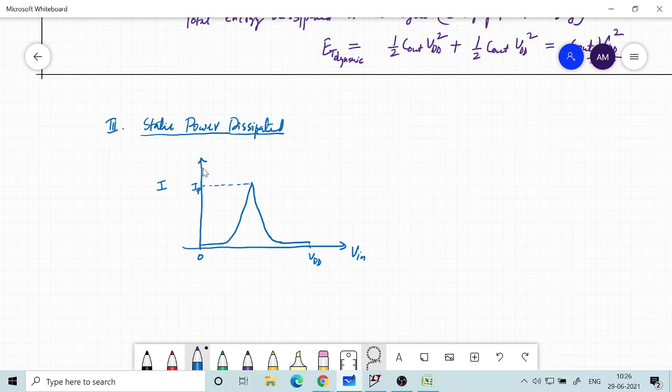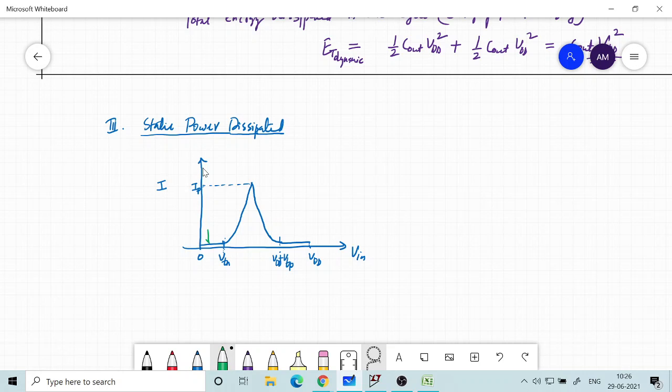The short circuit current is considered from here to here. It starts when it is VTN and then it goes up to VDD plus VTP. This we have already considered. Now I am looking at a point which is prior to VTN.